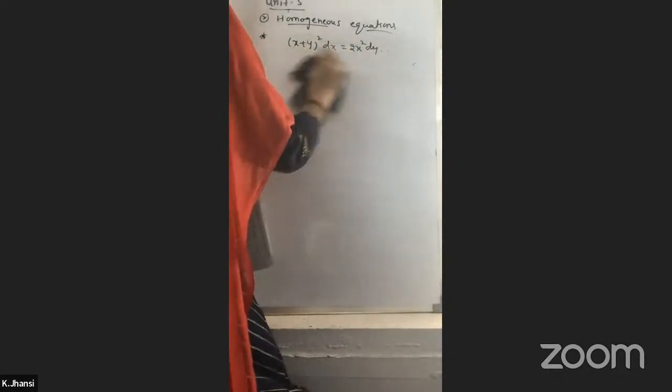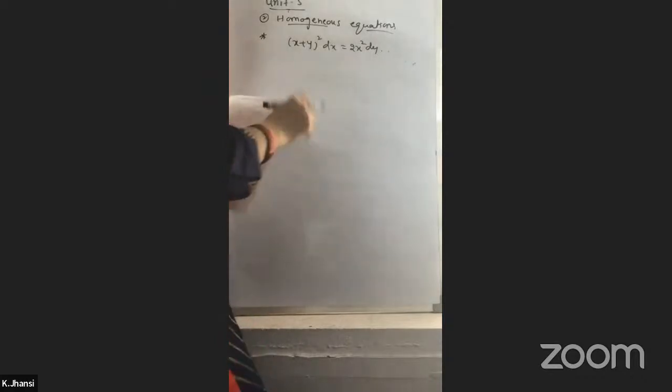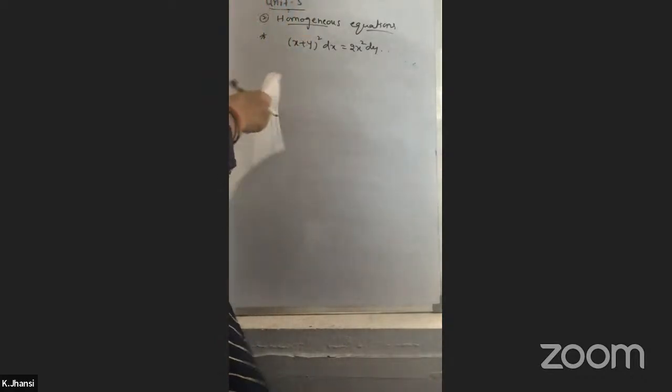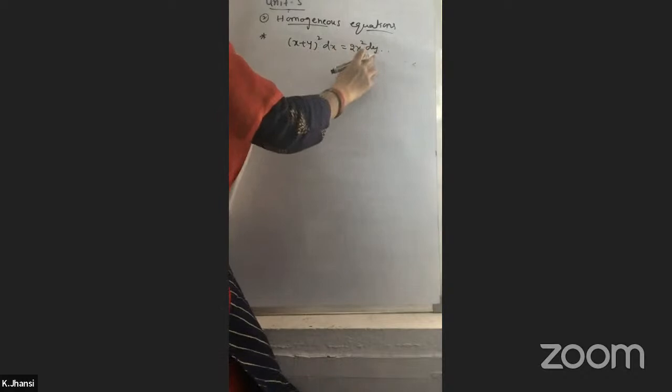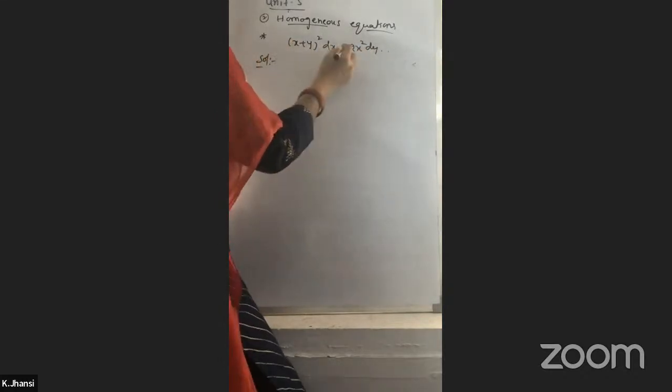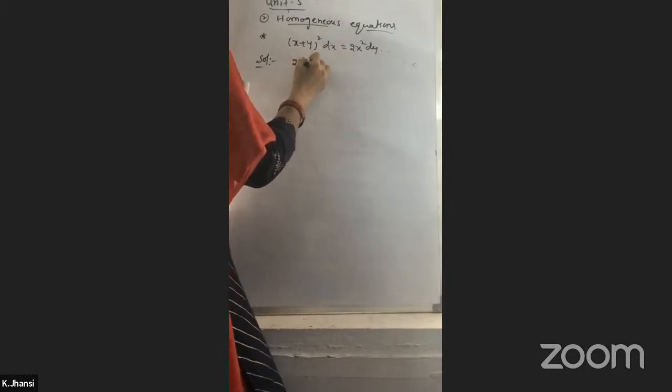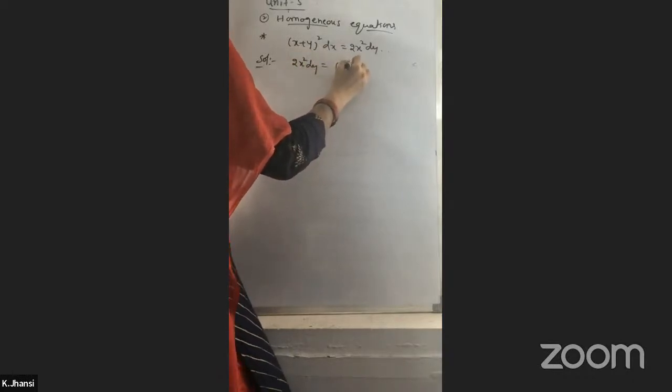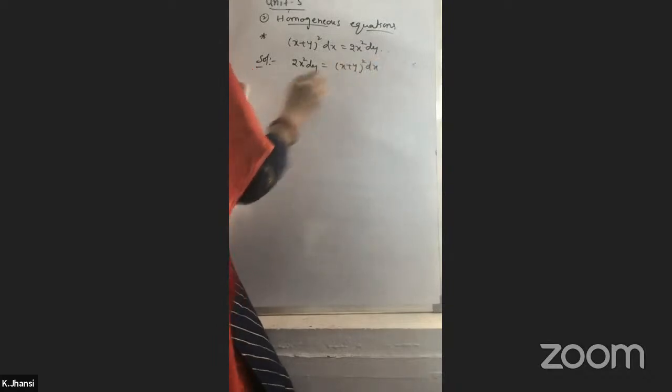If xy is there, please add the powers from it. Now you convert it into dy by dx form. Here dy is there, no? So in the solution, write dy is equal to (x plus y) whole square into dx divided by 2x square.